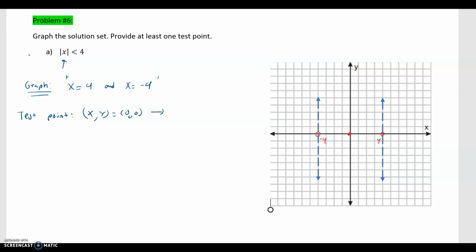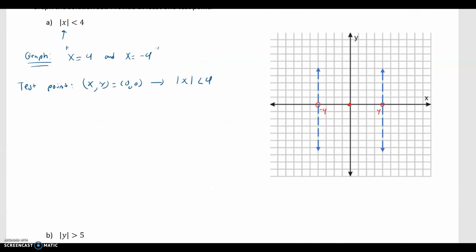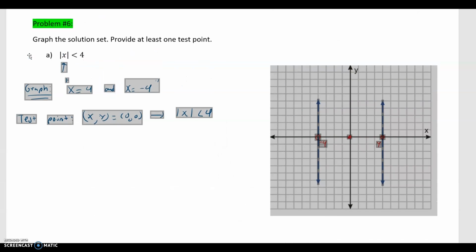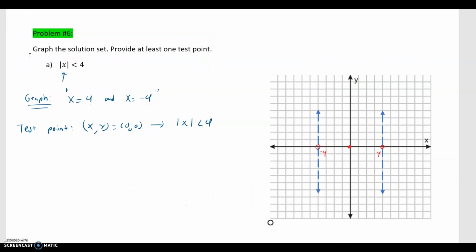As we plug it in, we only have the x's. It's less than 0, so less than 4. So as we plug them in, the value of 0 is less than 4, which is actually true.